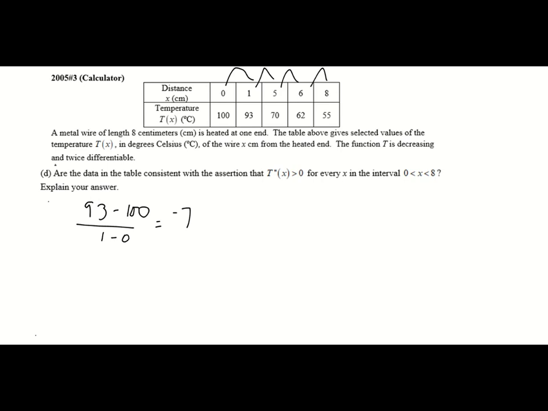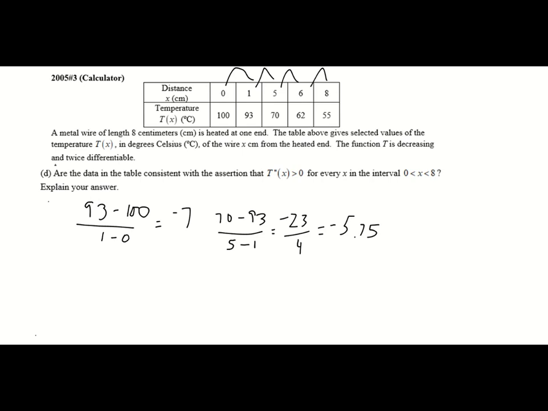Then the next one would be 70 minus 93 over 5 minus 1. So that would be negative 23 over 4, which is negative 5.75.